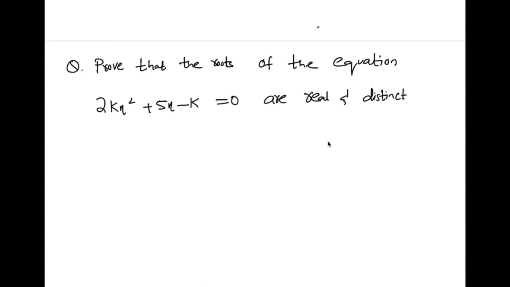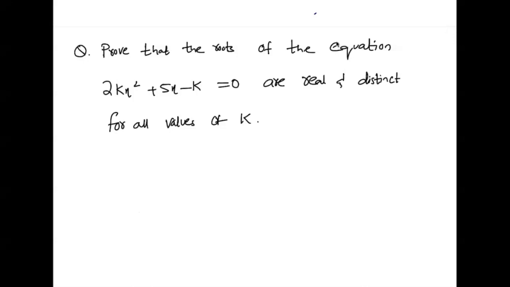Okay, sure. Okay, I'll continue after that. Now, in this question, you need to prove that the roots of the equation 2kx square plus 5x minus k equals to 0 are real and distinct for all values of k.